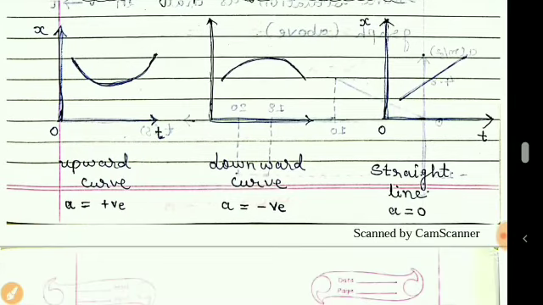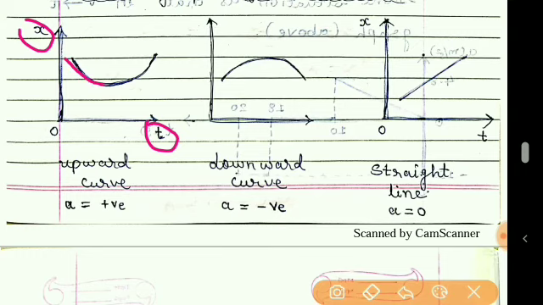But if in a position time graph the graph is curved, it is not a straight line, like this, that is a concave up graph, or a concave down graph, in that case there is an acceleration, because it is not a straight line. So velocity is not constant for these two graphs, and when the velocity is not constant, we can say that velocity changes, and change in velocity is acceleration, that we studied in the definition.